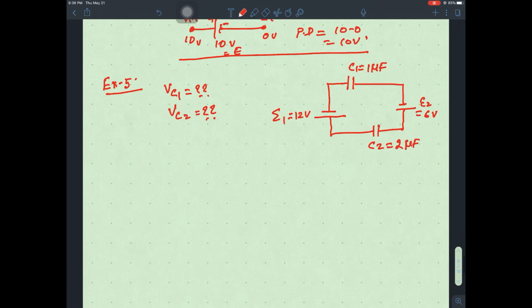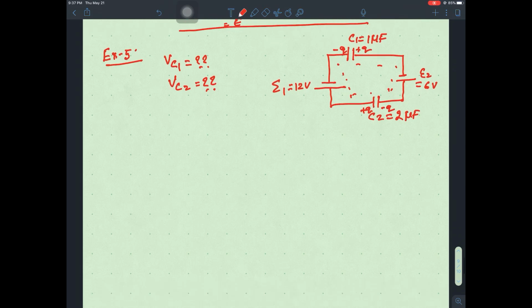Again what you will observe is that in this case this branch is a single branch. So what is the single branch concept? Charge will remain the same. This battery is stronger, so I am taking here the minus Q charge, and here it is the plus Q, and similarly here plus Q and here minus Q. Why?